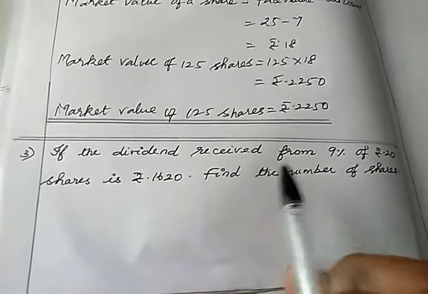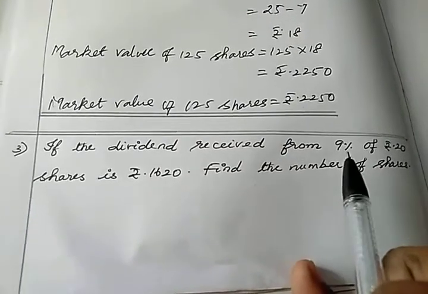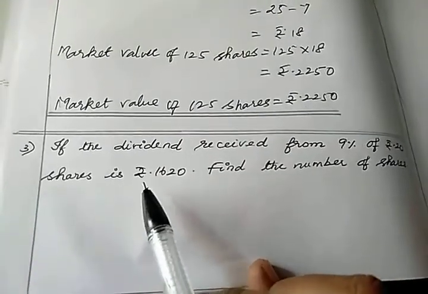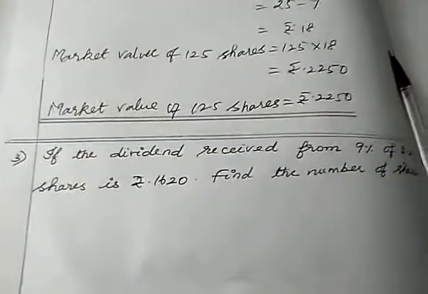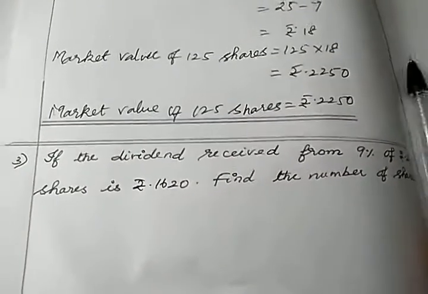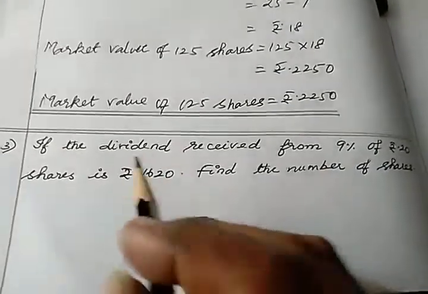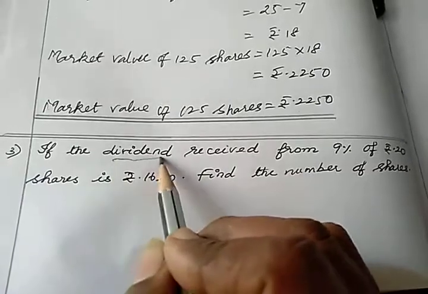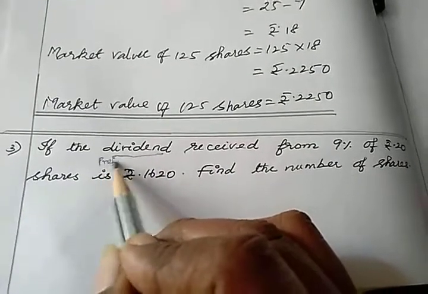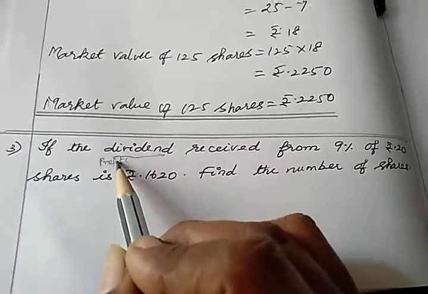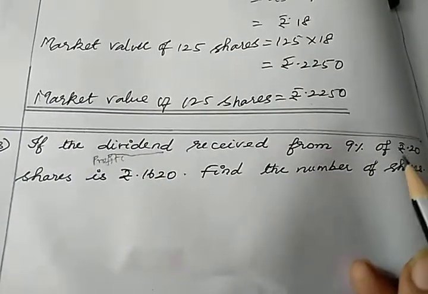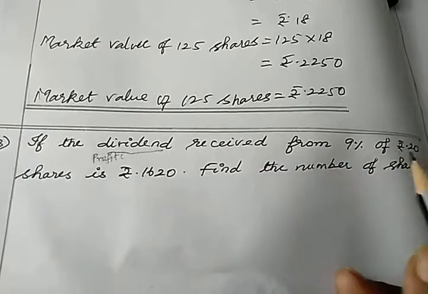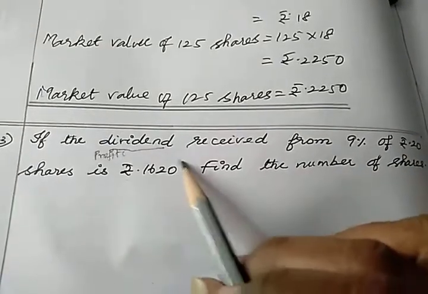If the dividend received from 9% rupees 20 shares is rupees 1,620, find the number of shares. We are selling a particular number of shares. We do not know how many shares we are selling. That is what we have to find out. The dividend means it is profit. The profit received from selling a certain number of shares, from 9% rupees 20 shares, is 1620.